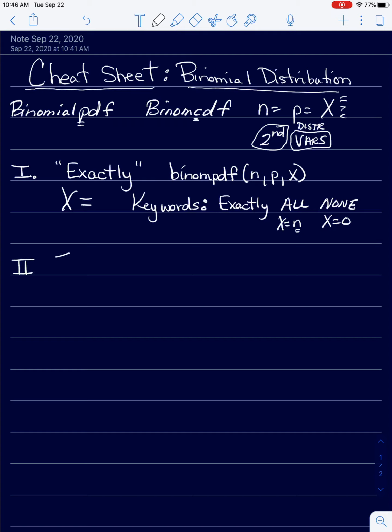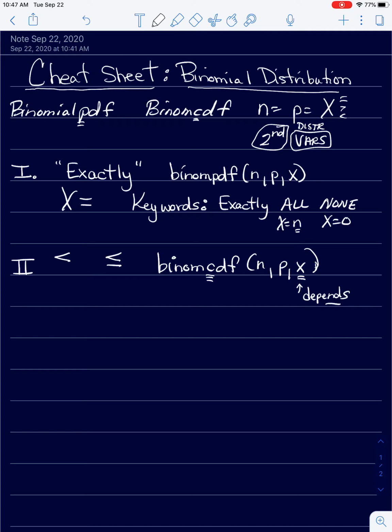All right, second situation. If you have less than or equal to indicated in your problem, that's going to throw you into a binomCDF. Okay, so we're using CDF with your N, your P, and then your X. And the challenge is going to be to figure out what the correct X is to input so that you get the right probability.